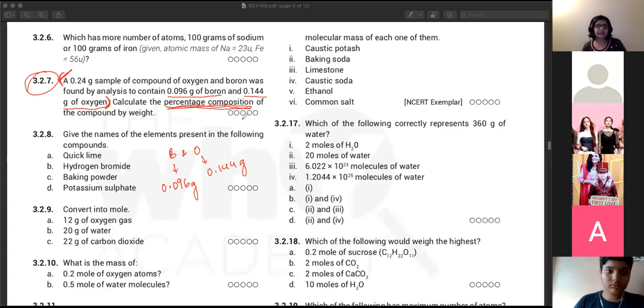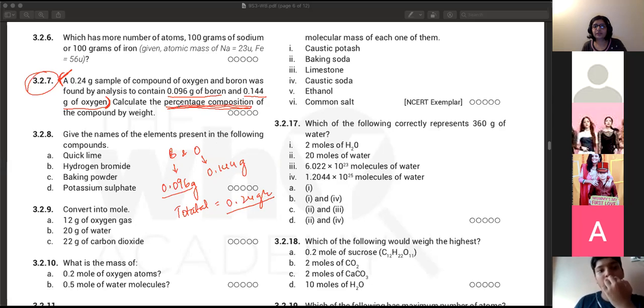Is there any more information you're given? Ma'am, the weight of the compound is 0.24 gram. Yes, so the total weight of the compound is 0.24 grams. In this 0.24 grams, the compound is made of boron and oxygen: 0.096 is taken up by boron and 0.144 is taken up by oxygen.